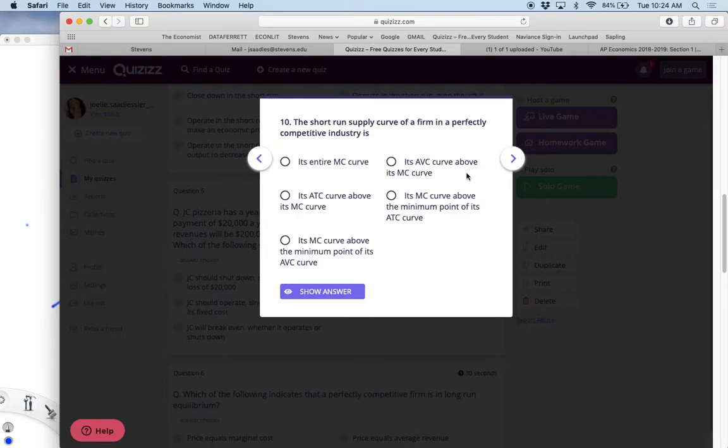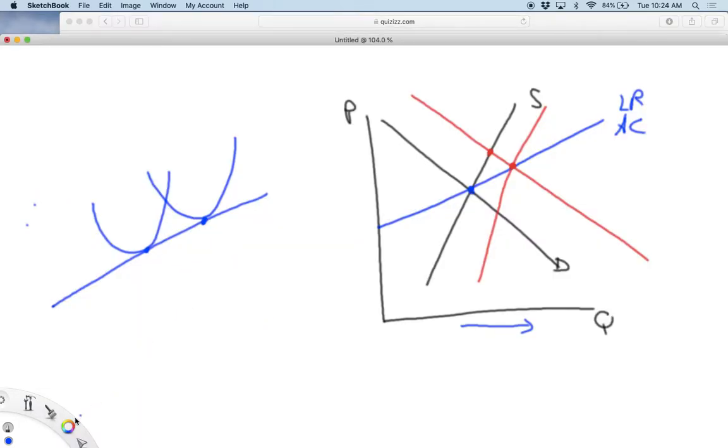The short-run supply curve of a firm in a perfectly competitive industry is its marginal cost curve above the minimum point of its average variable cost curve. Okay, remember that here's average variable cost, here's average total cost.